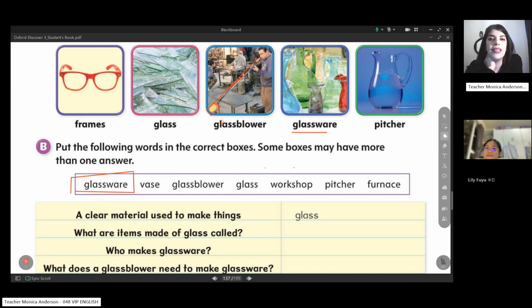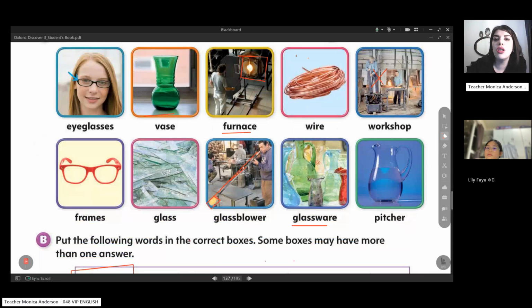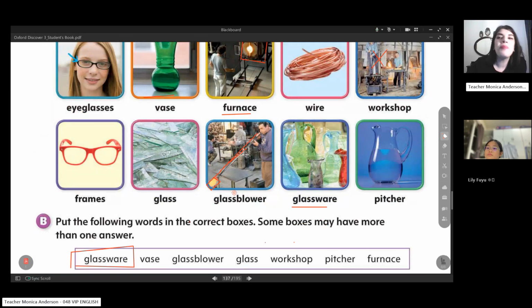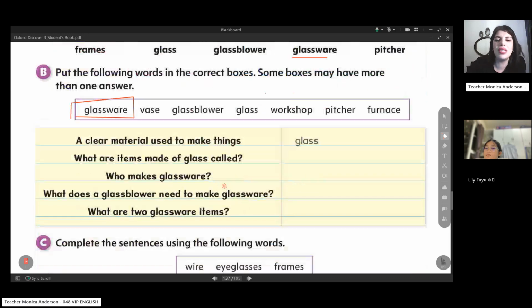So a glass blower used to blow air down a tube to form heated glass into objects. It was really difficult. Then they could cool it down in cold water. The process is really interesting.